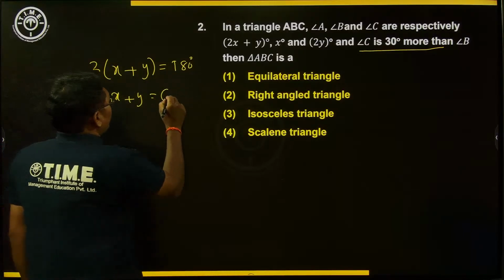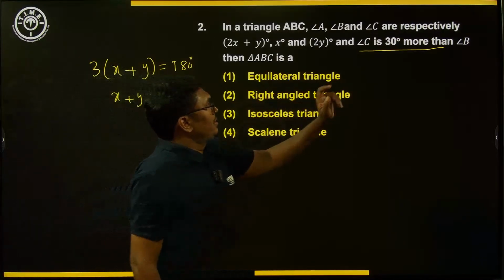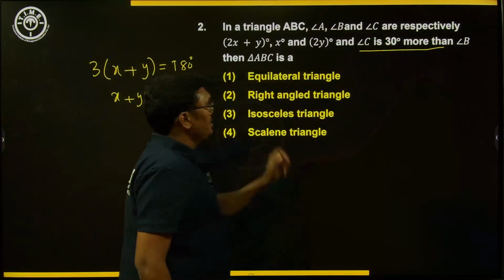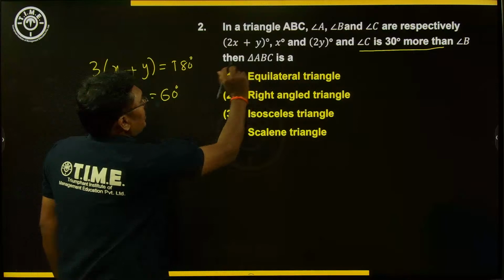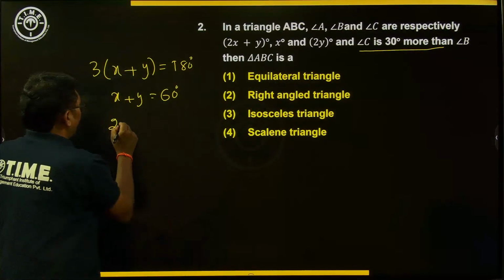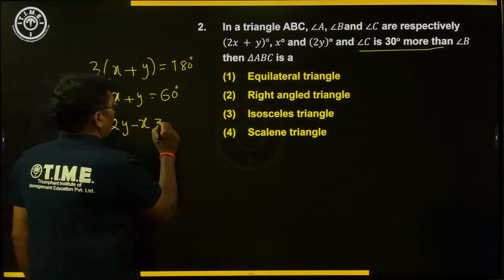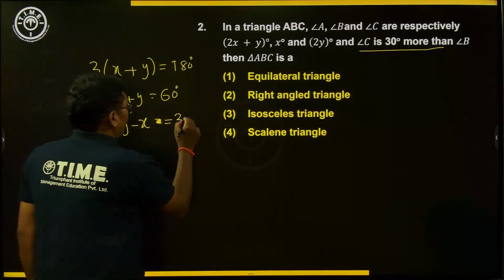So x plus y is 60 degrees. Okay, one more condition is given. C is 30 more than B, that means C minus B is 30. The difference is 30. So C is 2y minus B, that is 2y minus x, equal to 30.